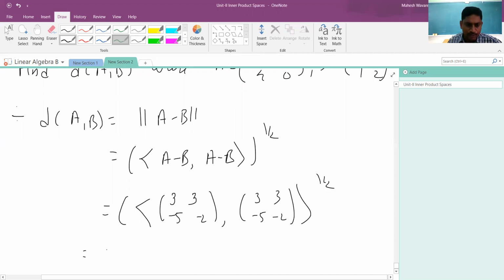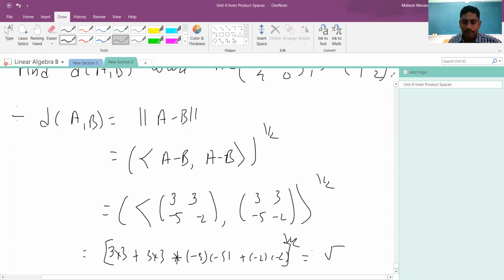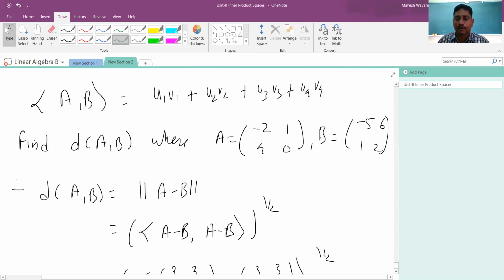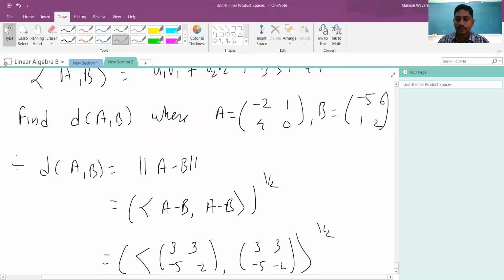After the calculations, 3 into 3 plus 3 into 3, multiplying the corresponding positions, plus -5 into -5 plus -2 into -2. This calculation goes to 47, and finally it should be in square root. So that is the distance between these two matrices with the defined product. So it is important which product you are going to define.